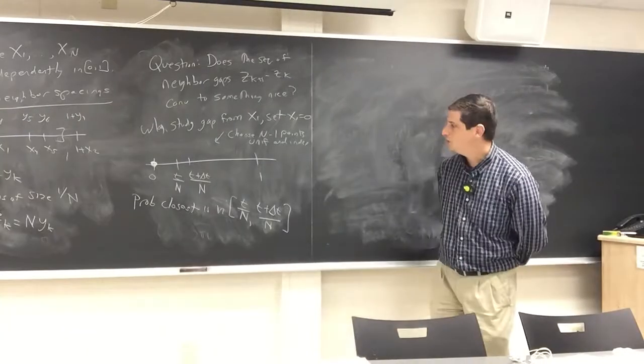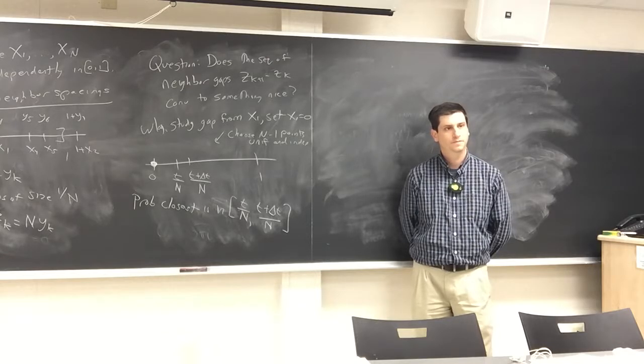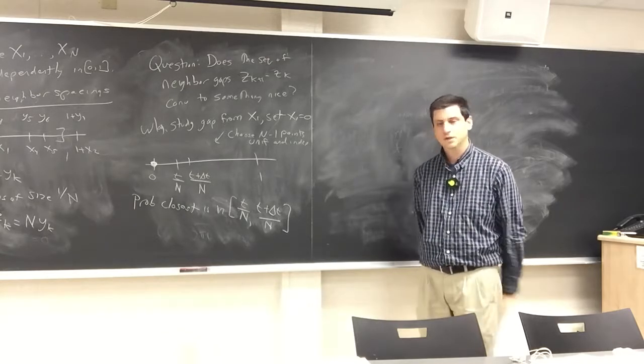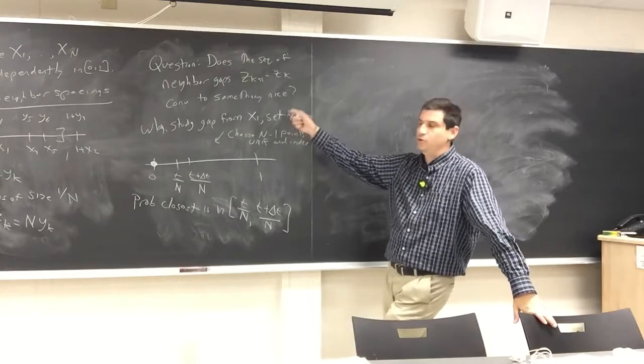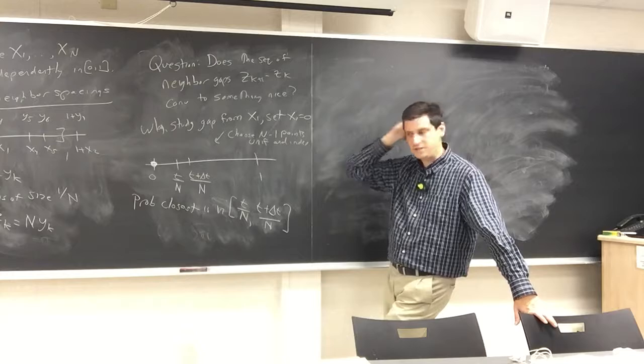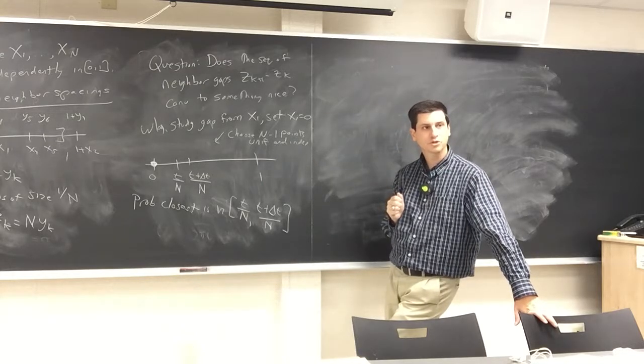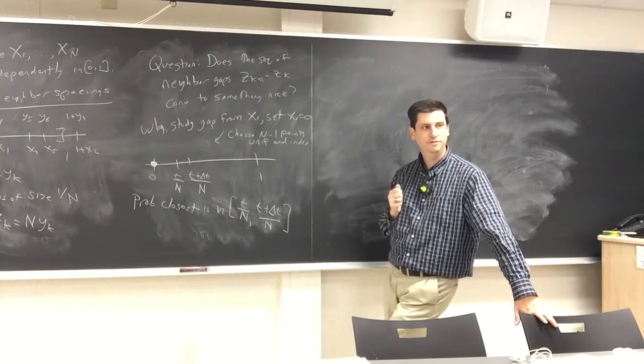How many choices do we have for which thing is closest? Because we get to choose x2, x3, x4, x5, all the way up to xn. Does it matter if it's x2 that's closest or x5 that's closest? So how many labels do we have?